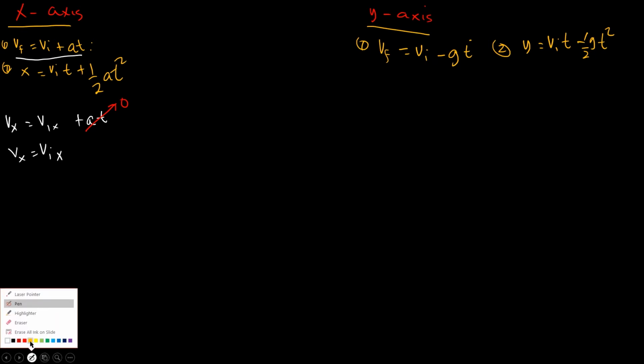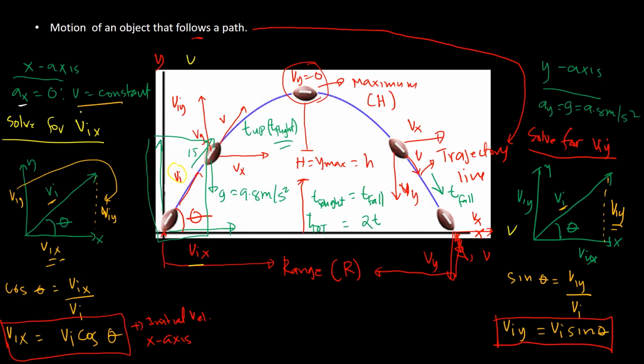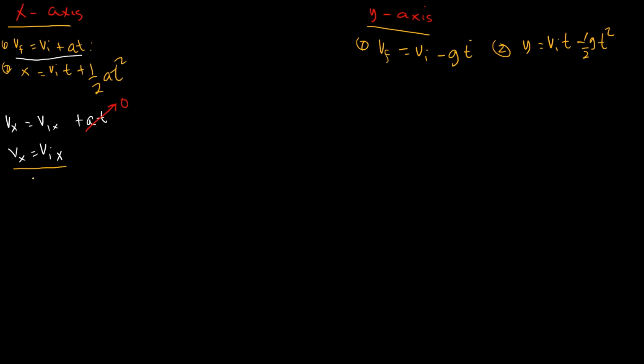This equation justifies the concept that the velocity in the x-axis is constant, not changing. That means that whatever the value of the initial velocity here, that's going to be equal to the value of v sub ix here, which is also equal to the v sub ix from this equation here. So that's the meaning of this equation here.